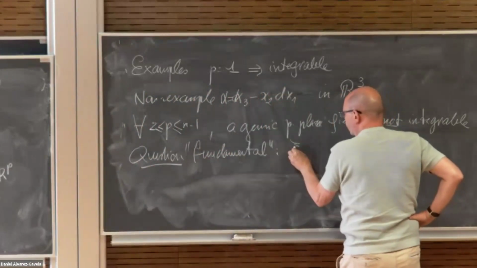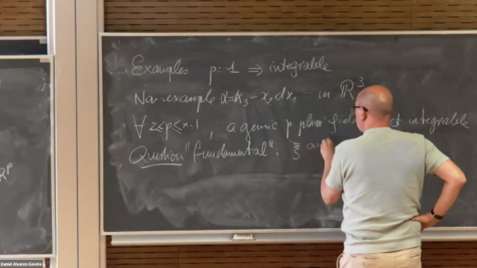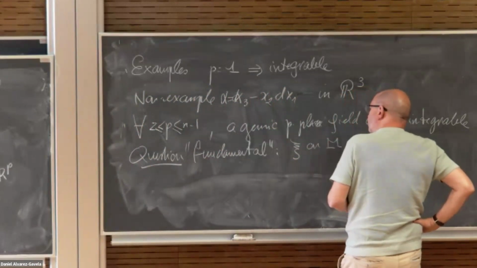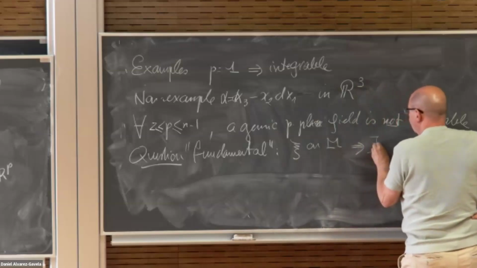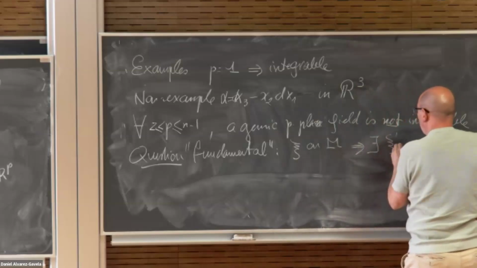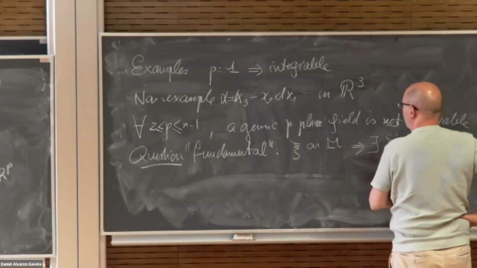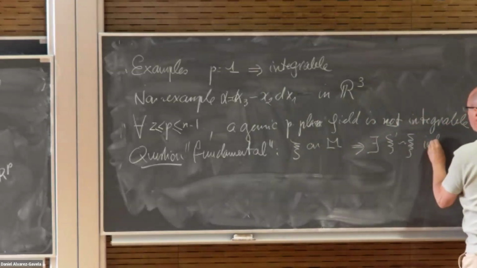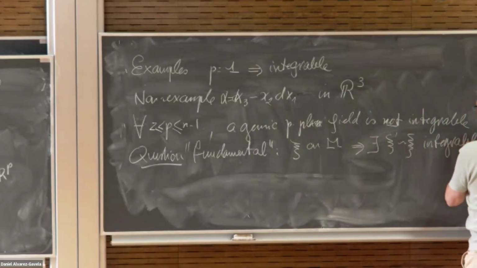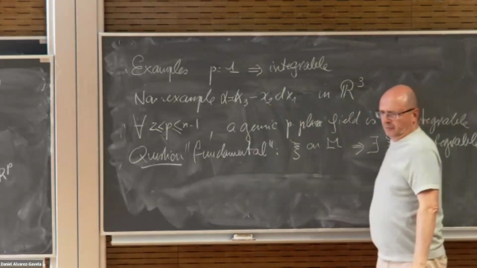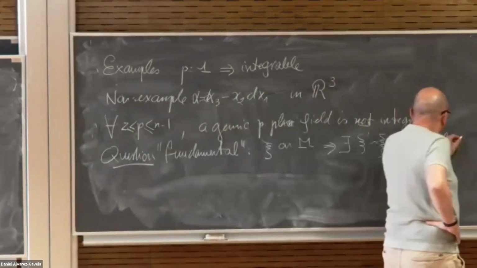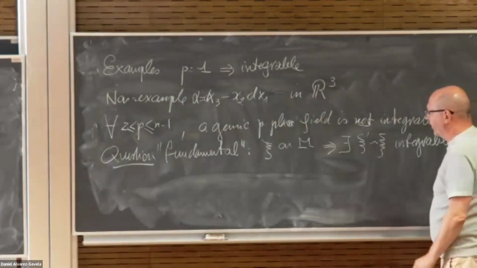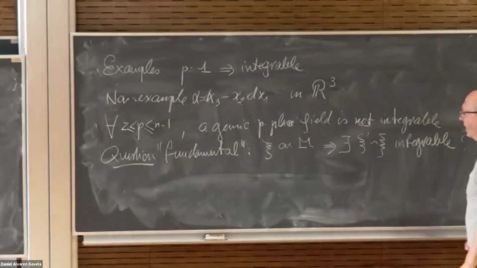Given a p-plane field on a manifold, does there exist another one which is homotopic to the first one, and which is integrable? So this is the main question that we shall discuss.